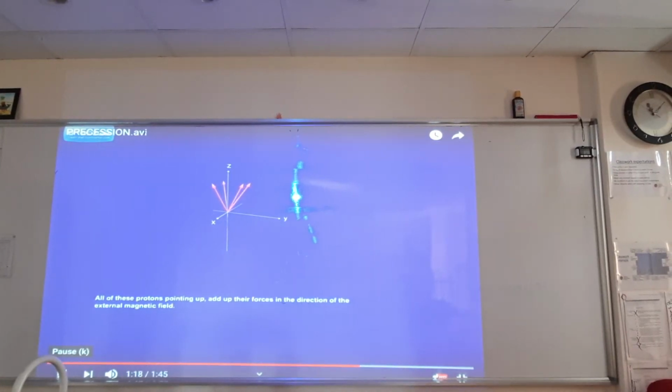All of these protons pointing up add up their forces in the direction of the external magnetic field. And so when we put the patient in the MR magnet, he has his own magnetic field, which is longitudinal to the external field of the MR machine's magnet. Because it is longitudinal, however, it cannot be measured directly.